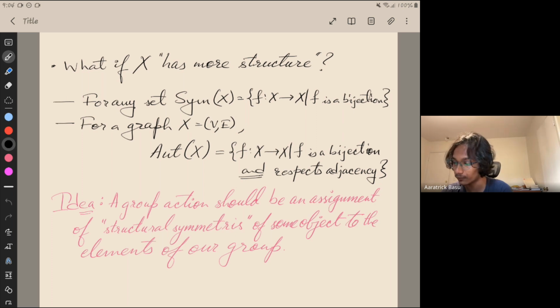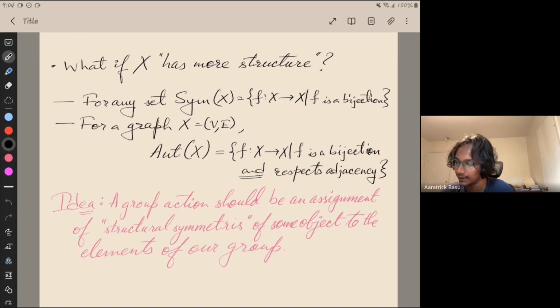So what are graph automorphisms? You can think of graph automorphisms as bijections on the vertex set to itself, such that it respects the adjacency, in the sense that if you have two vertices that are adjacent, then the images should also be adjacent. So then if you want to define a group action on a graph, you want to make sure that the group elements get assigned to graph automorphisms, not just abstract set maps.